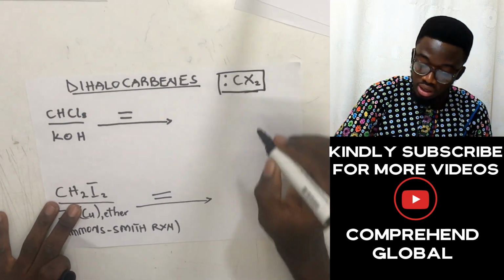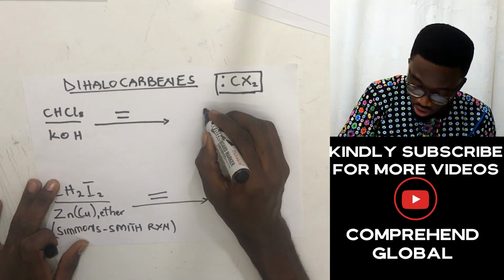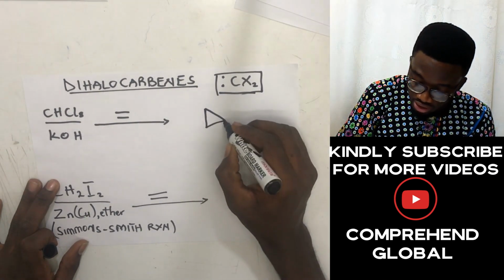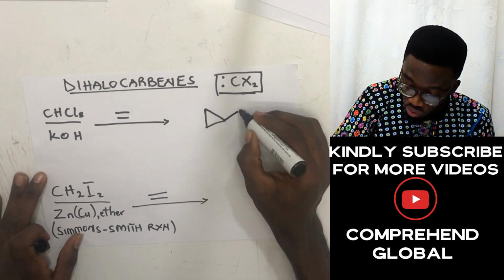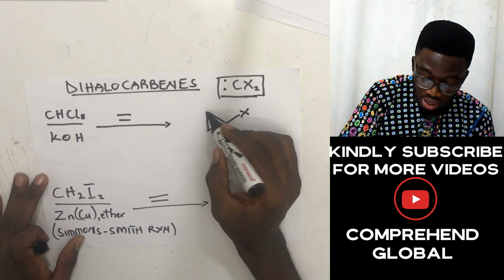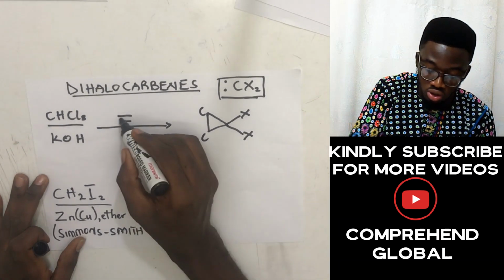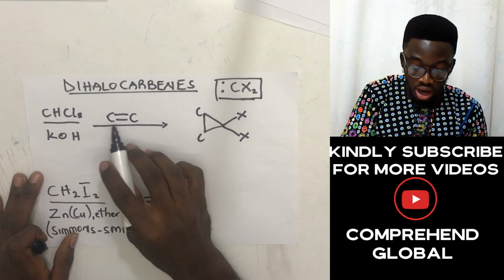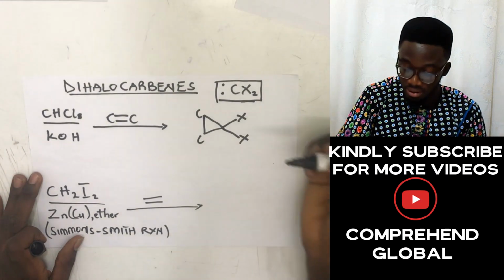This intermediate mostly leads to the formation of a dihalocyclopropane. So we have these two halogens formed on this particular carbon. So these are the two carbons containing the double bond, then it forms over it like that.